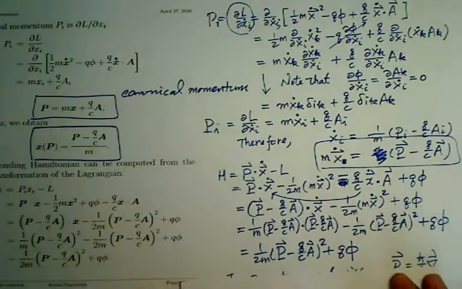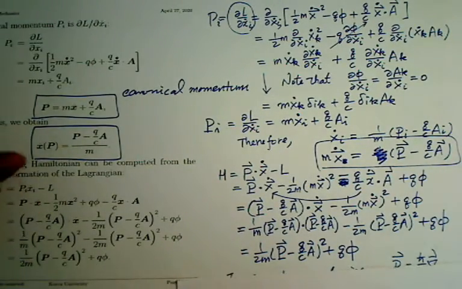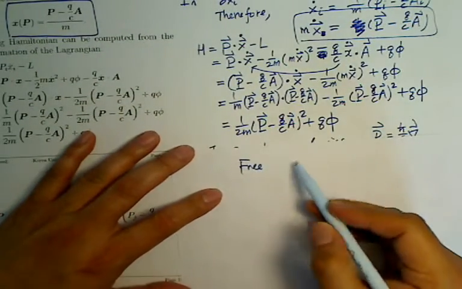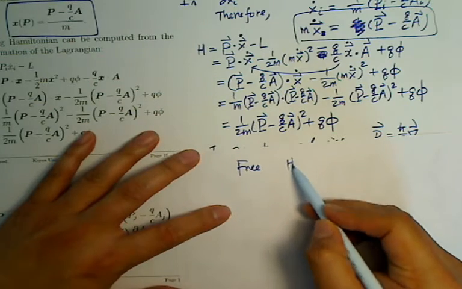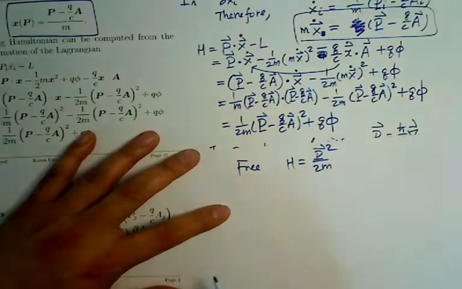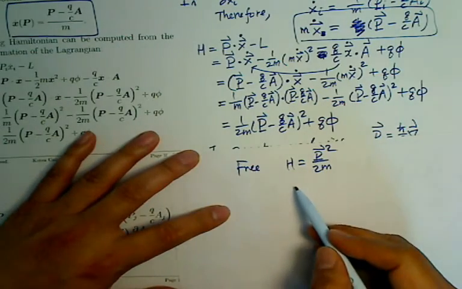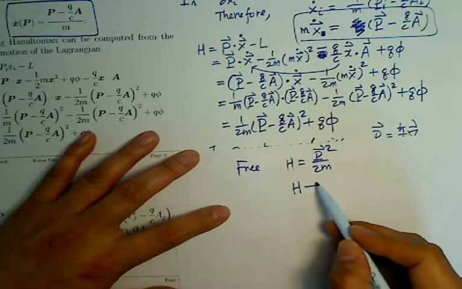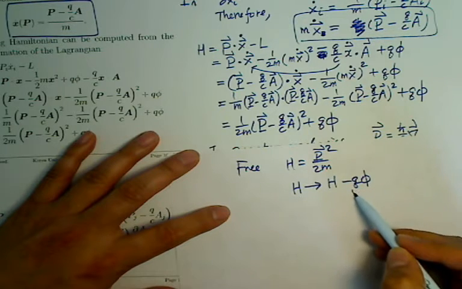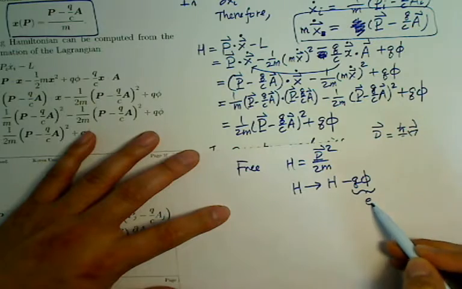Now the replacement can be found from the free particle. The free Hamiltonian was this one, but H goes to H minus q phi, this electrostatic energy.